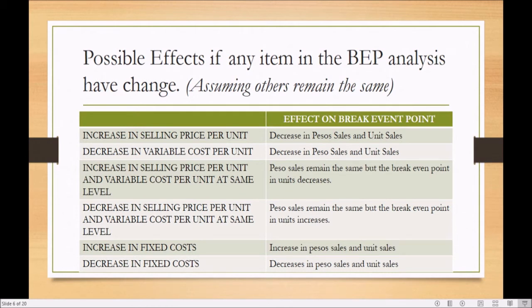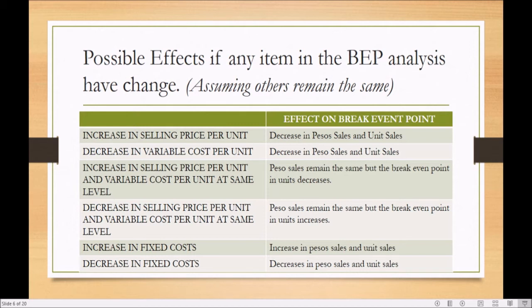Kasi bababa yung contribution margin per unit, bababa ang magiging denominator natin sa computation of the break-even point. So, aangat ang quotient. Ibig sabihin, tataas ang number of units na dapat i-produce para ma-achieve ang break-even point.